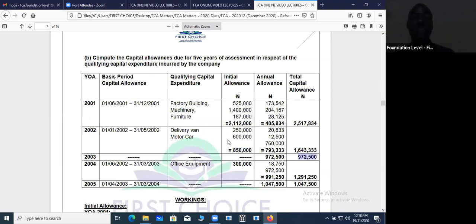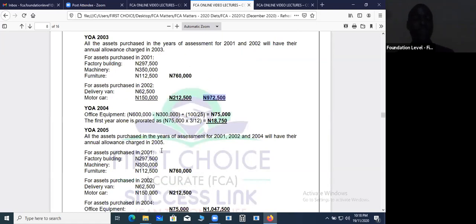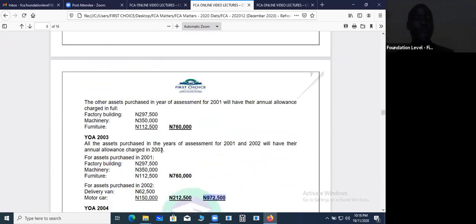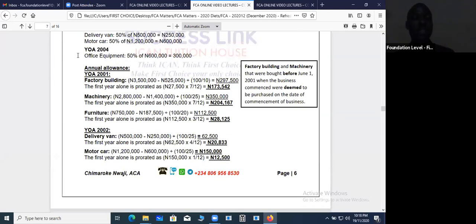Okay, let's go to number 4. You only bought office equipment. That will mean that in 2004, you charge initial allowance, 50% of 600,000 will give you 300,000. That's what you just did.